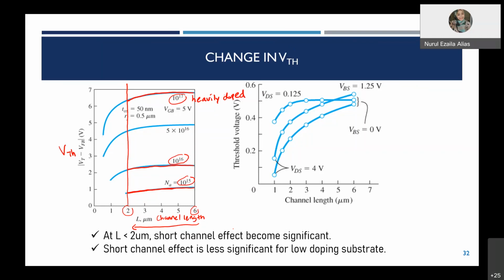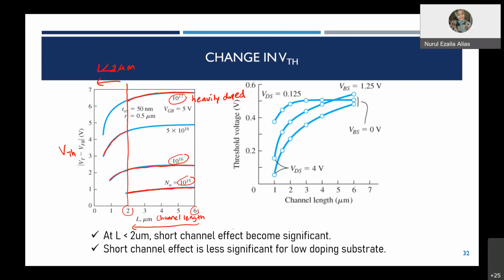If you can see here, for L less than 2 micrometer, the effect now becomes more severe. As the channel length is reduced to less than 2 micrometer, the threshold voltage is reduced this much. For heavily doped cases it is much more affected.